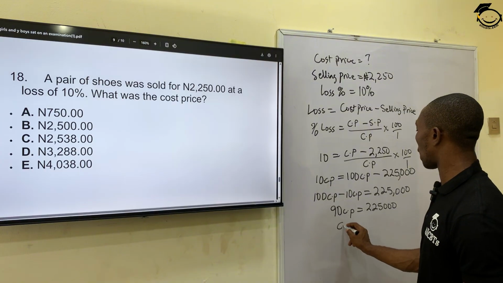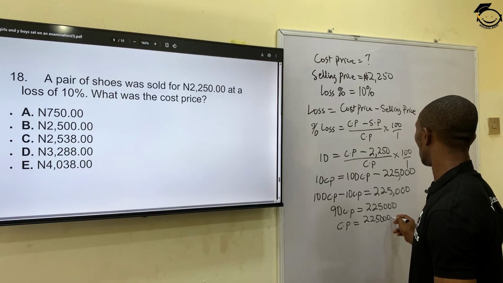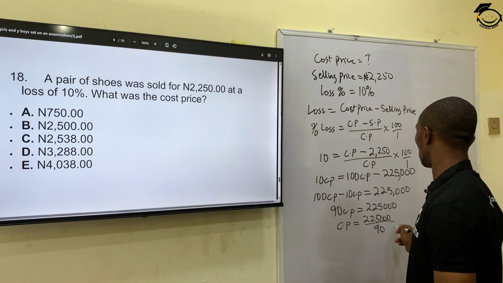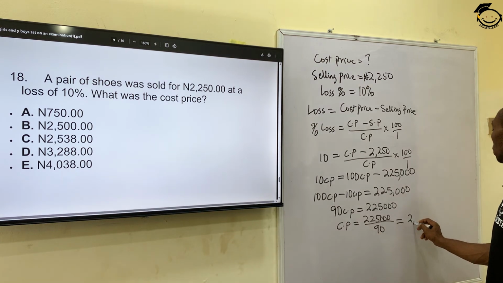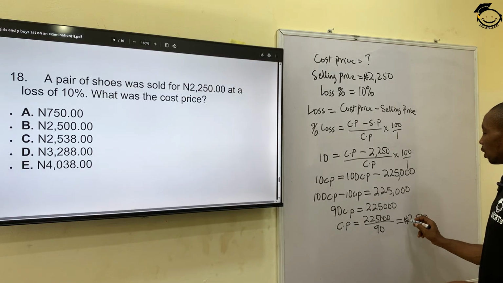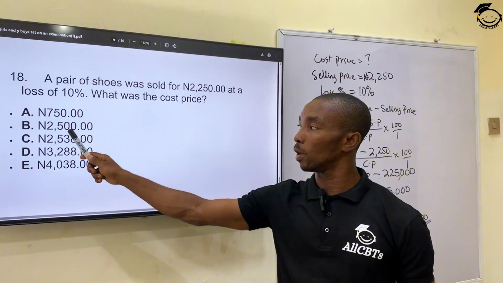So our cost price, which is CP, will become 225,000 divided by 90. And this will give us a cost price of 2,500. So the cost price is 2,500 naira, which is option B.